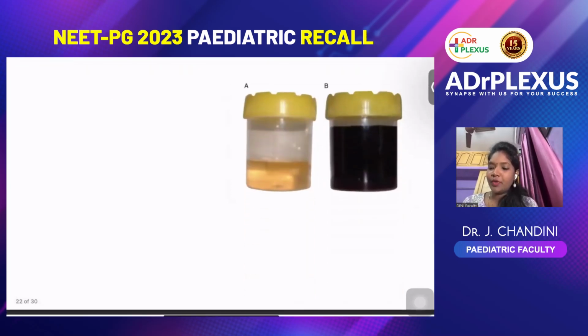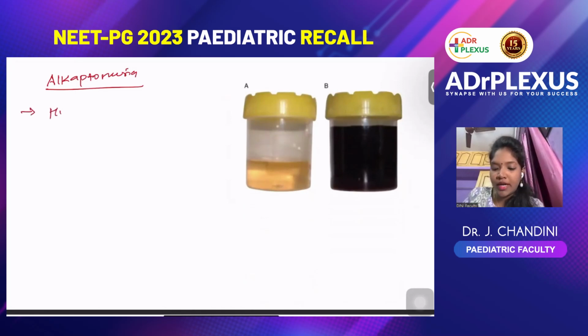What is alkaptonuria? It is an inborn error of metabolism due to deficiency of an enzyme called homogentisate dioxygenase. So what happens if you don't have this enzyme?